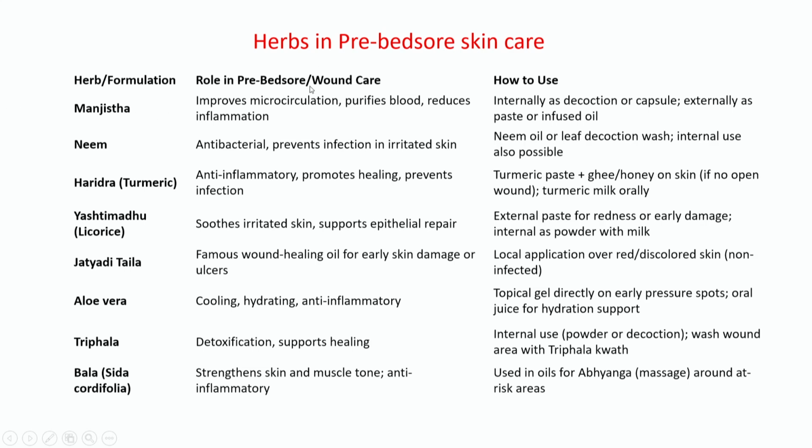The role in the pre-bed sore and wound care, how to use internally as decoction or capsule and externally as paste or infusion oil. So manjistha, neem, turmeric, licorice, Jatyadi tel, aloe vera, Triphala and Bala, which is also a new drug that has been added. These are the drugs which are very important in pre-bed sore skin care.